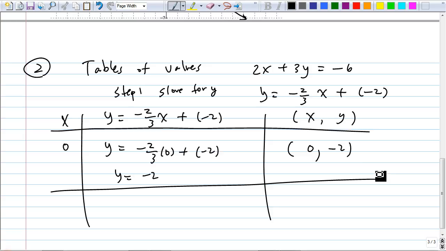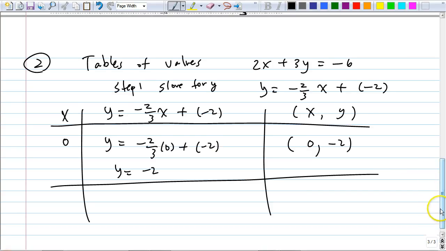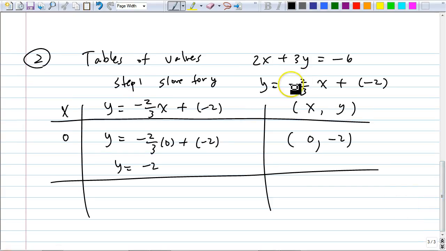Now, because we could plug in any x's we want, for the next x a lot of people may say, oh, let's plug in 1, but because we have a fraction and the denominator is 3, it's best to plug in x that is a multiple of 3. So I'm going to plug in 3 here instead of 1 or 2, because look what happens when I do that. I get y equals -2/3 times 3 plus -2.